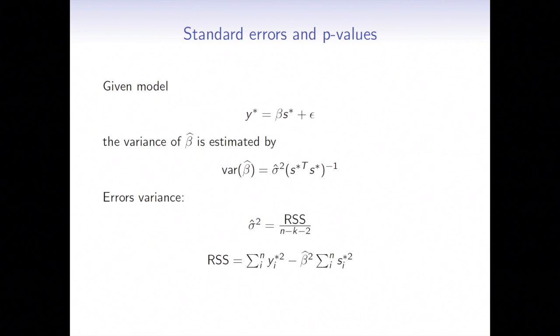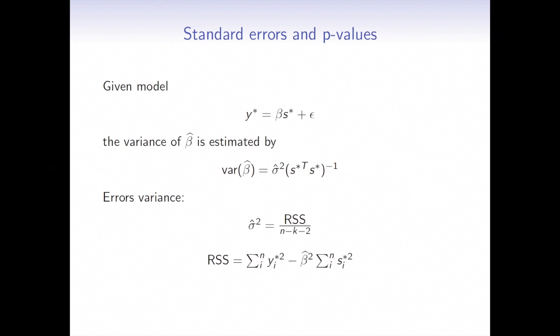Also, so far I haven't mentioned anything about standard errors and p-values, and the p-values are actually the vital point of GWAS studies. Once we have this transformed model with no intercept, it is very easy to calculate the standard error of the beta, and we already see that it will be very easy to semi-parallelize the computations. We also have to compute the variance of the measurement error. And here we should remember that although we have regression through the origin, our original model included an intercept and k covariates, so we should correct for the correct number of degrees of freedom.